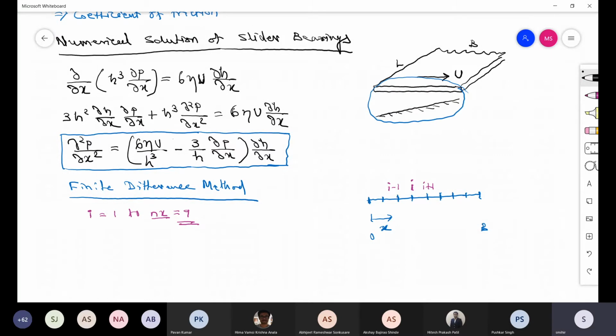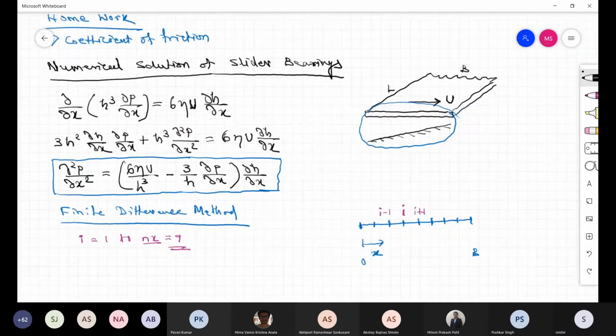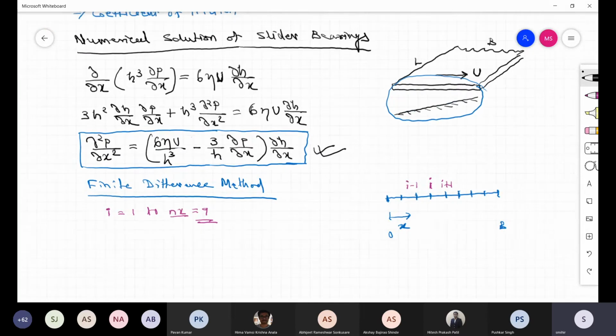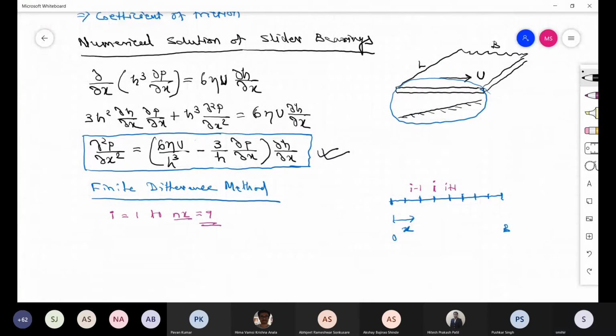Okay. So at any node number I, now if you look back this equation, what you need to evaluate? You need to evaluate del h upon del x, del p upon del x, okay, del square p upon del x square at those points. So at any point I, how do you write del p upon del x at any point I?